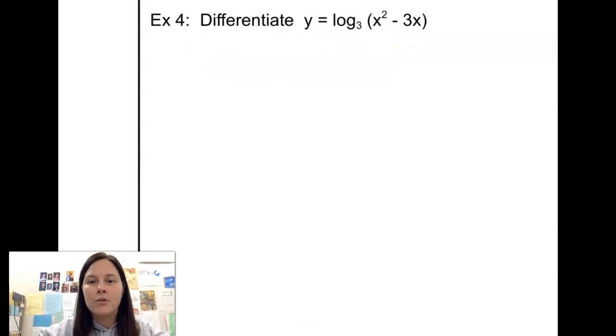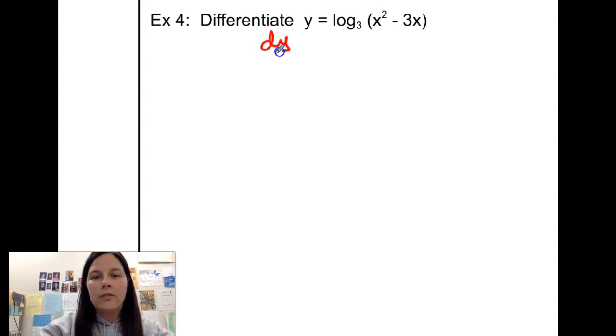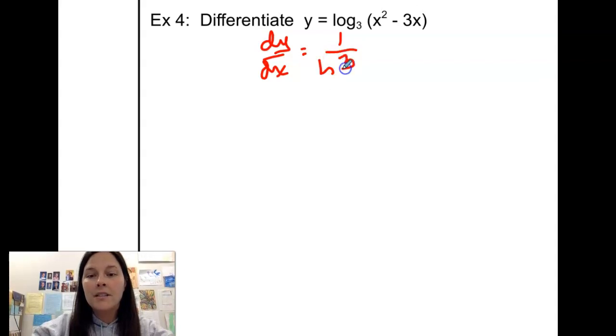And finally, we're going to take the derivative of a log. All right, this one is a little bit less fun. Taking the derivative of a log. First of all, it will be 1 over natural log of the base. So our base is 3, times, thinking about the derivative of natural log, it is 1 over what you're taking the log of.